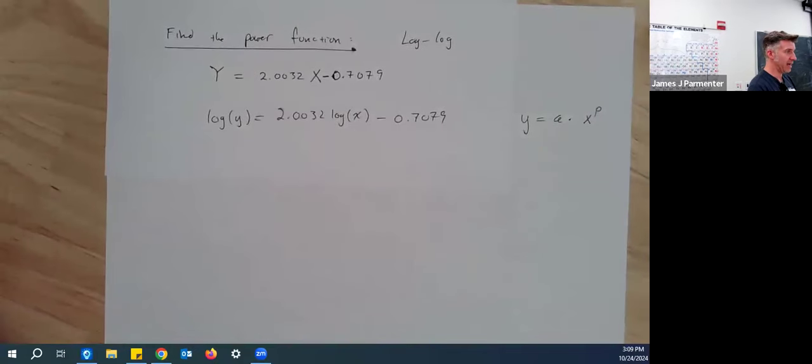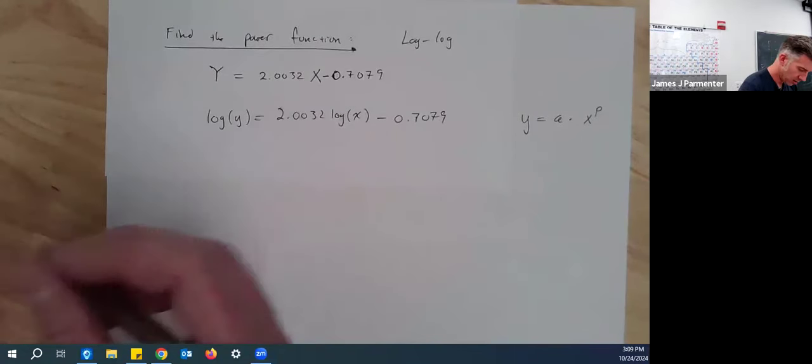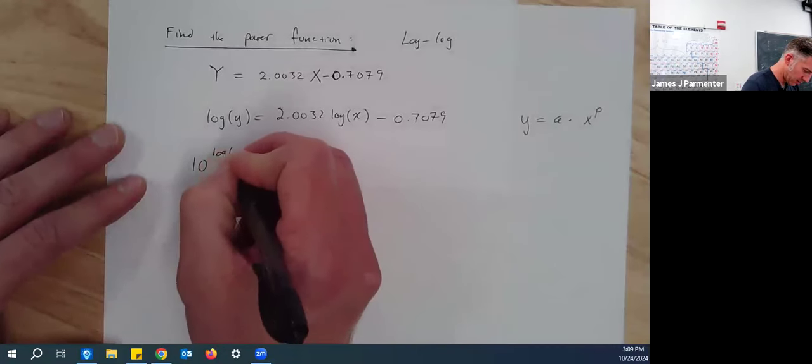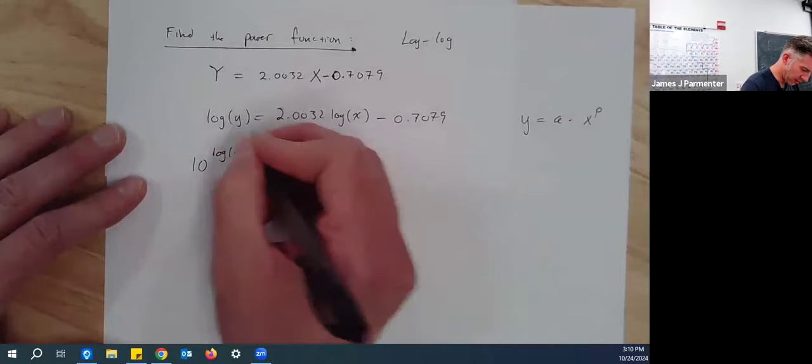We want to write it as a power function because we know it's supposed to be a power function. So first we do the thing we always do after you've written the log or semi-log linear equation: we write both sides as powers of 10. So 10 to the log of y equals 10 to the all this stuff.